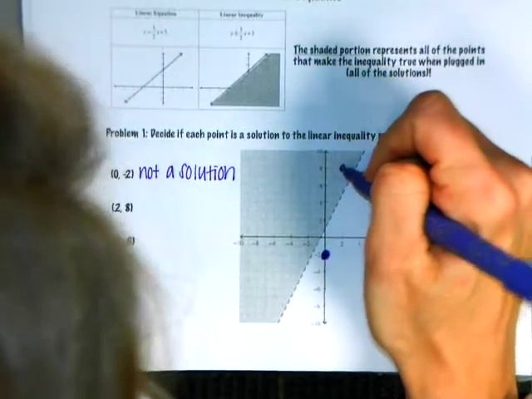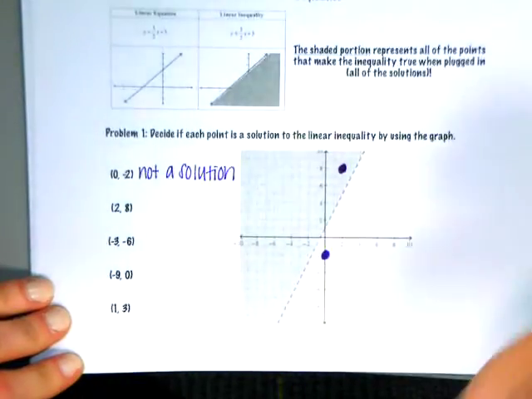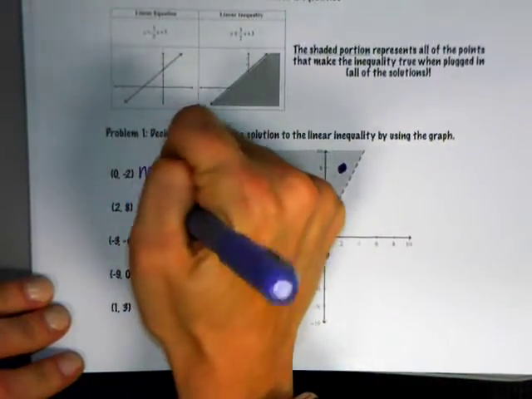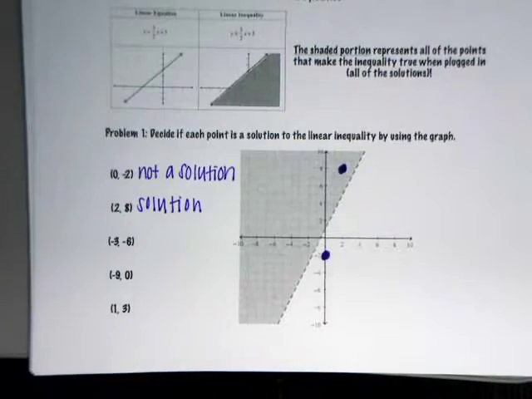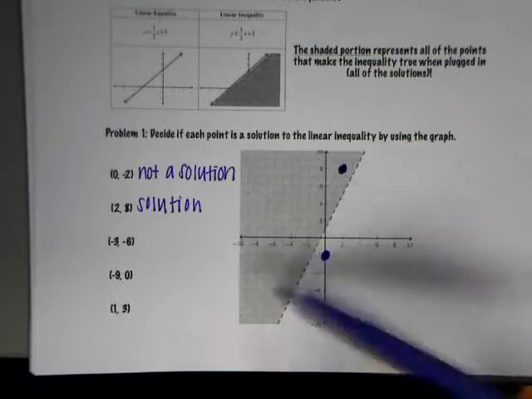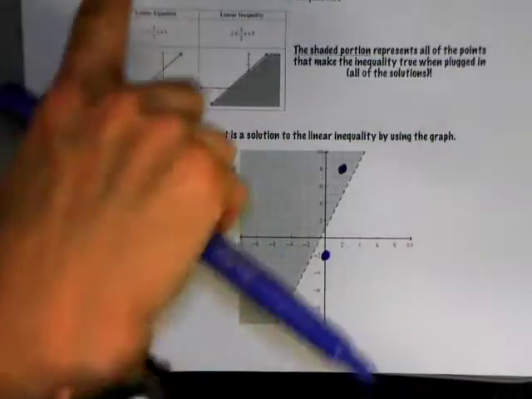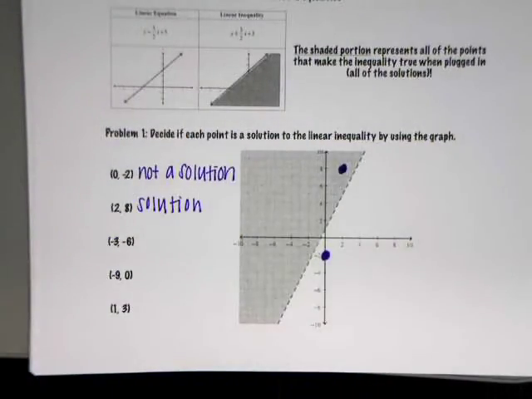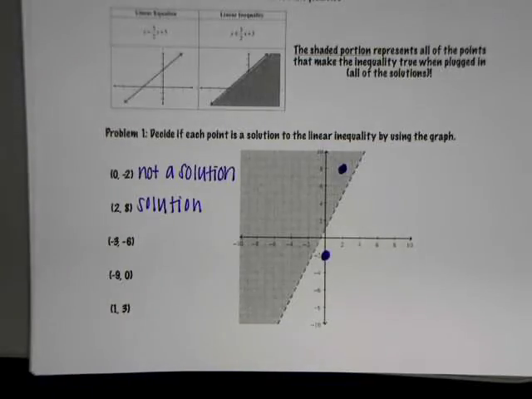Right here. So what would that be? And what we mean by solution versus not solution is that if we had the inequality for this, like the y is greater than x minus 3 in the warm up, if we were to plug in the x and y, it would work. Okay.